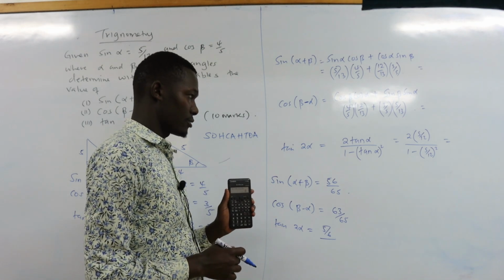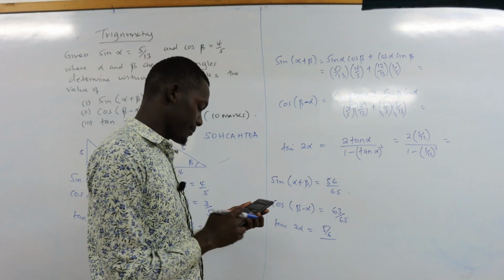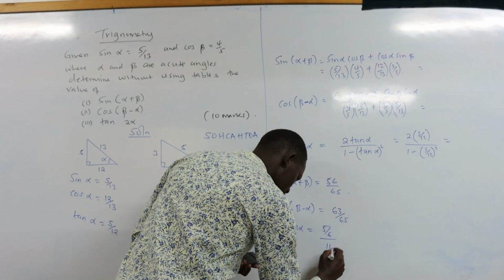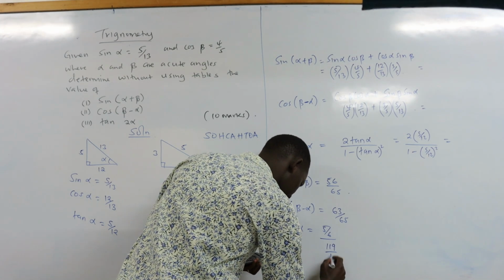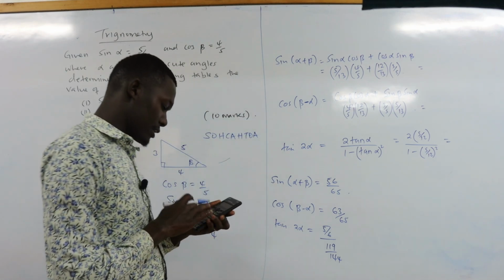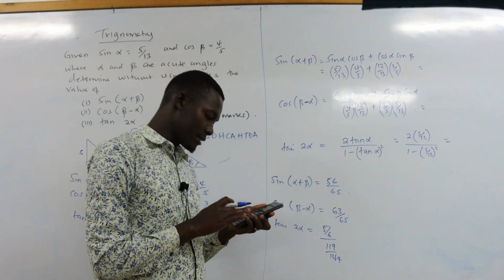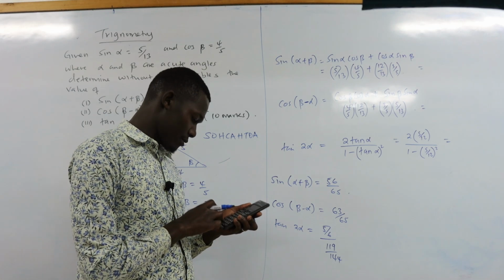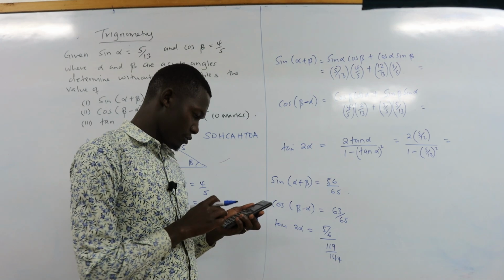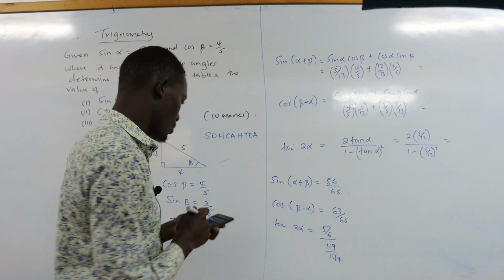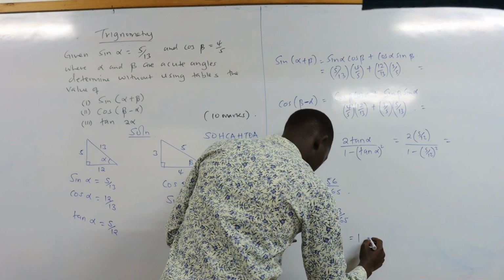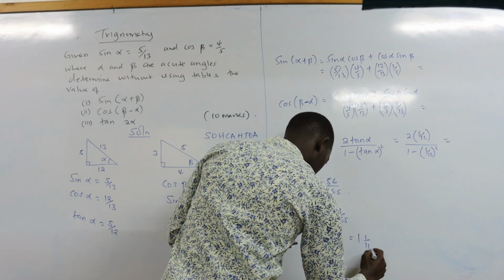Just key in the values as they appear, and you shall get your answer as 119 over 144. Then you take 5 over 6 divided by 119 over 144, and you shall get your answer as 120 over 119.